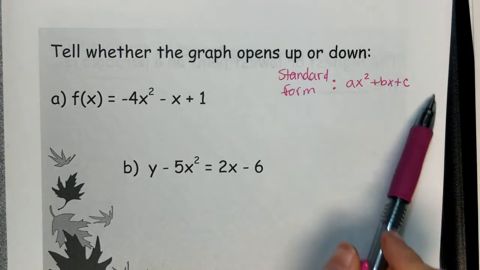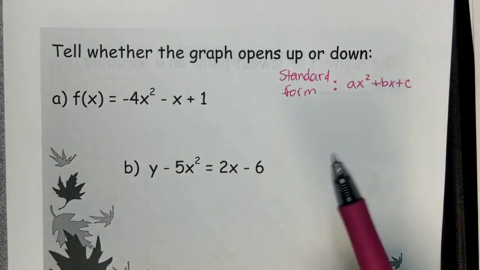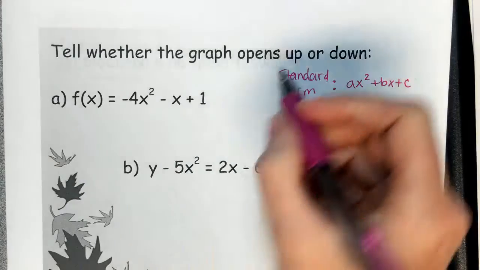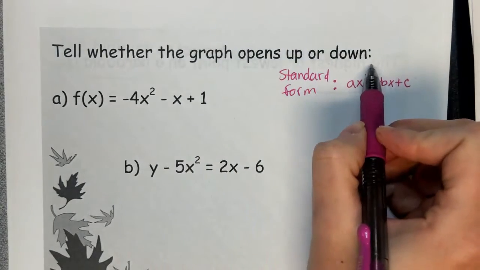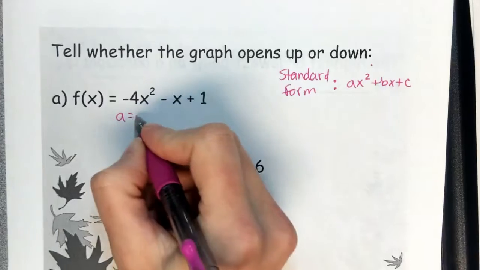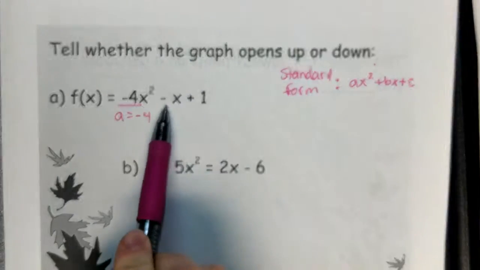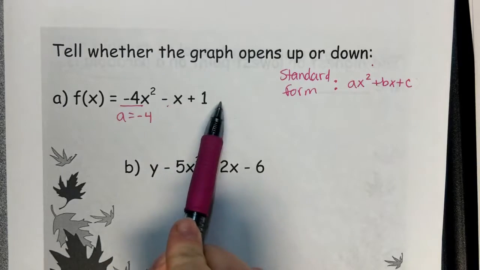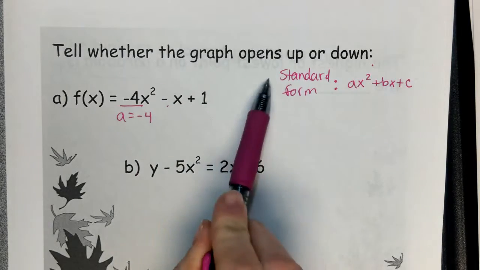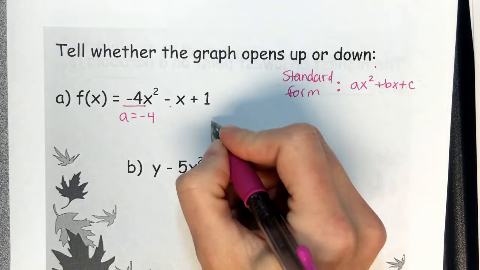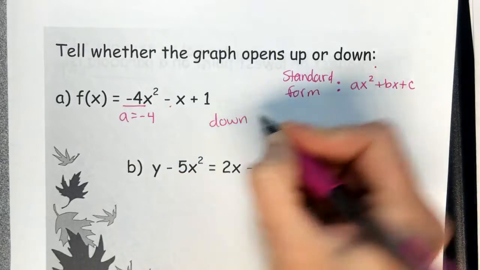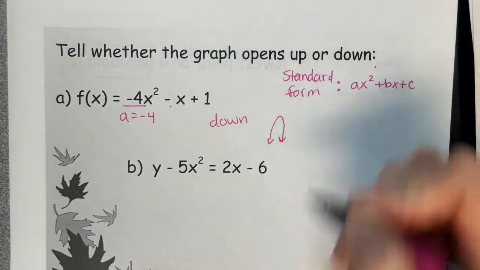So we don't ever want to do anything with a quadratic until it's in standard form. So, does this open up or down? Well, let's look at a. A here is negative 4. Side note, b would be negative 1, c would be 1. But I'm only looking at a to decide up or down. So this is going to be down. It's going to look like this.